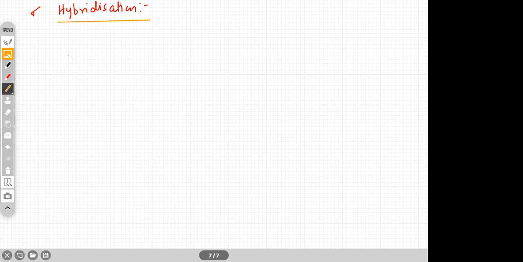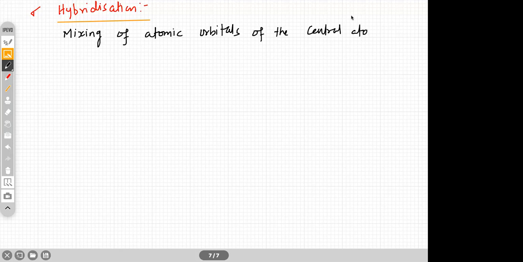Write down: it is the mixing of atomic orbitals of the central atom with slightly different energy.